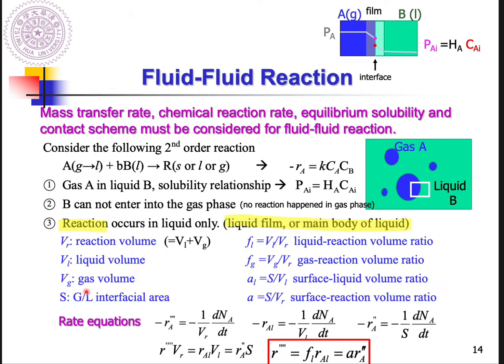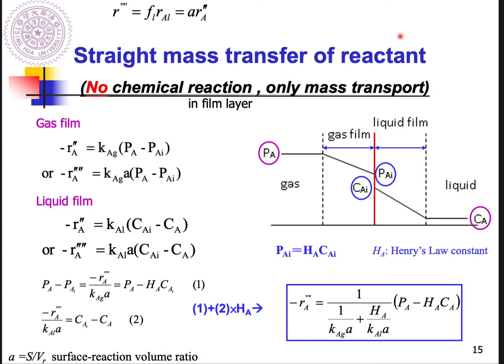The first part is, yes, you know the driving force, but the resistance: A diffuses through mass transport through the film layer and reacts with B. So you can consider it as a series of processes, including mass transport in film layers and reactions with bulk liquid. So we divide it into these 2 processes.